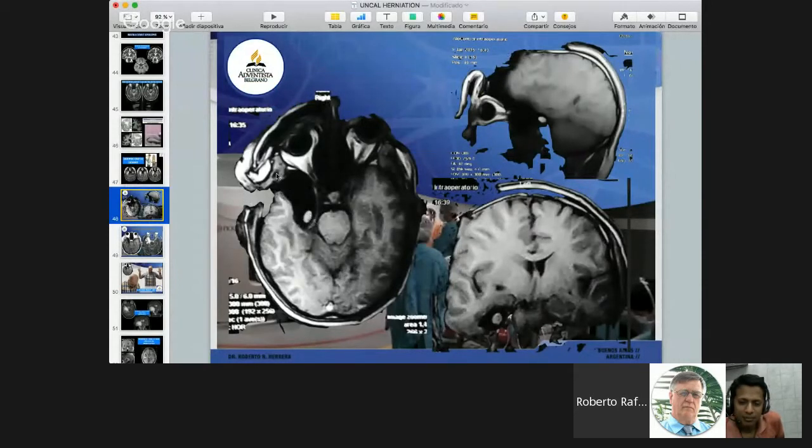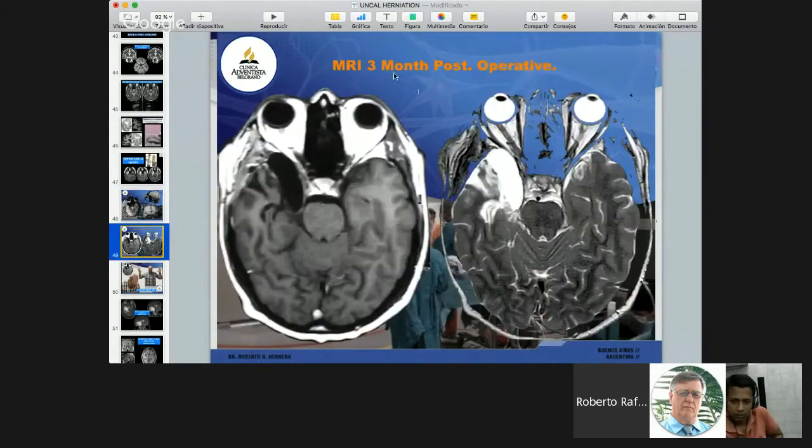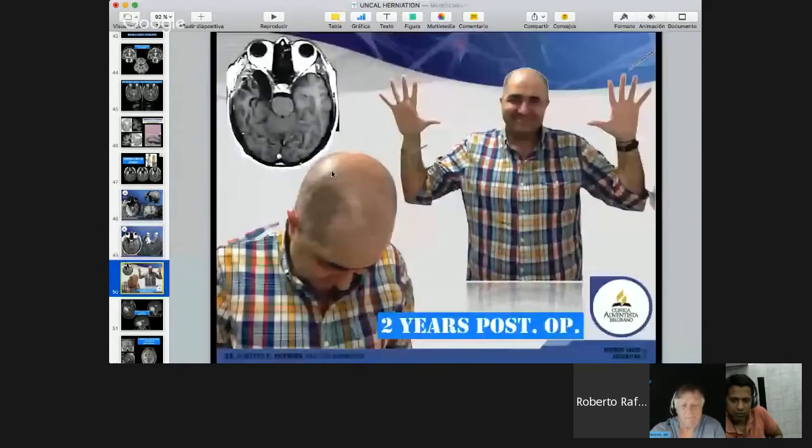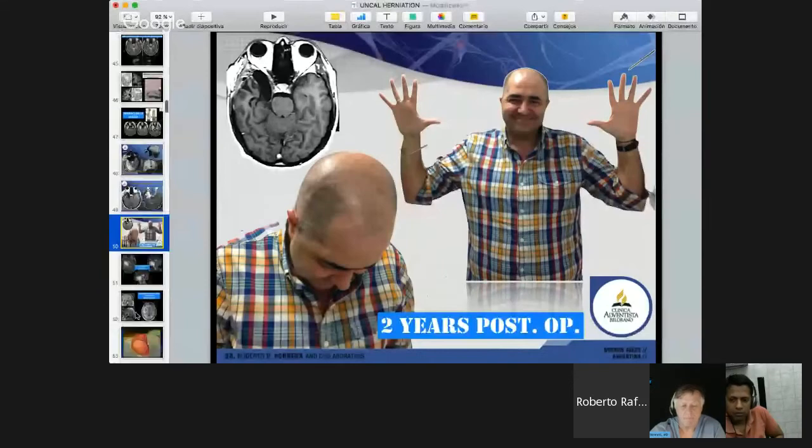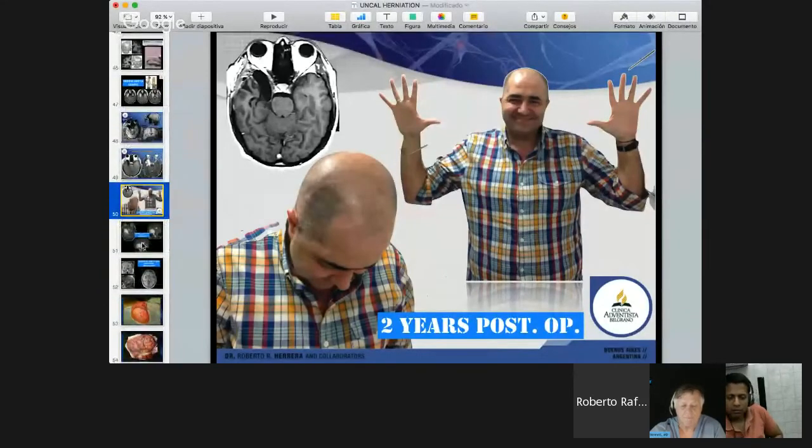Here we put a mark to prove the complete resection of the hippocampus. This is the MRI 3 months post-operative with complete resection of the hippocampus. And this is the patient 2 years post-op, in very good condition, with very good control of seizures.